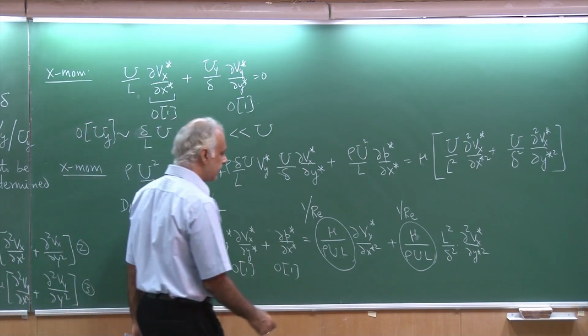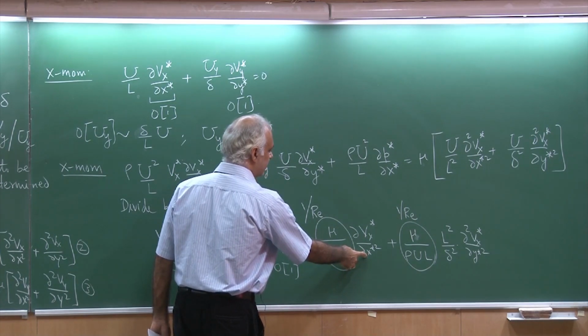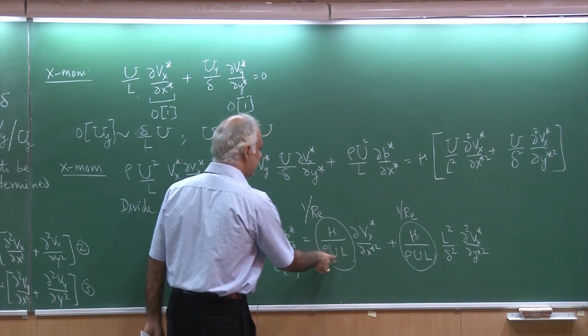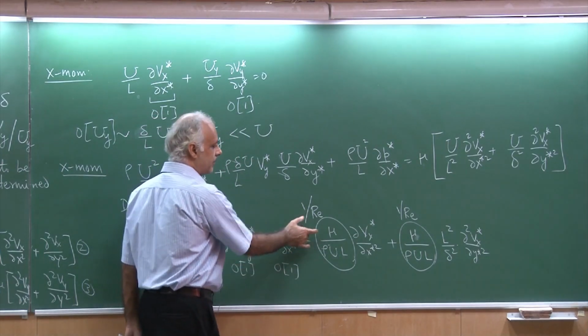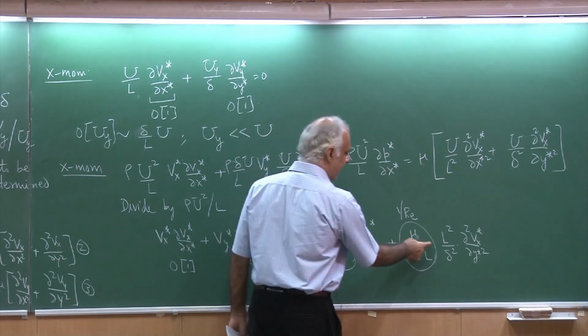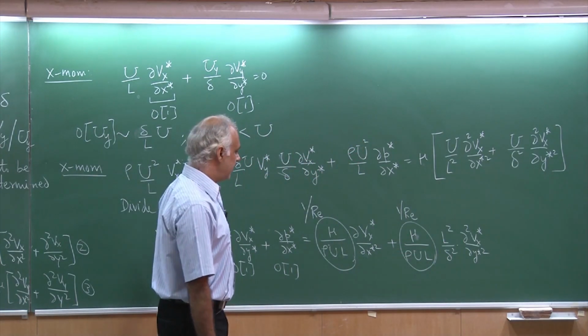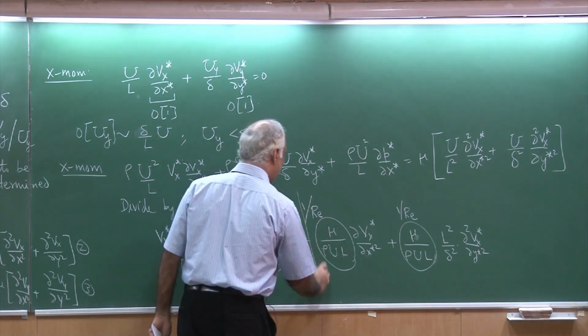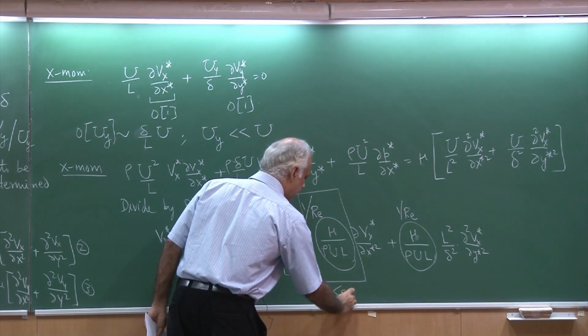Okay, let's argue. This is of the order of 1, I suppose. But then this term is extremely small because my Reynolds number is very large. So this term is very small, 1 by Re. On the other hand, this L square by delta square is very large. So therefore this term I can drop because this is much less than 1.